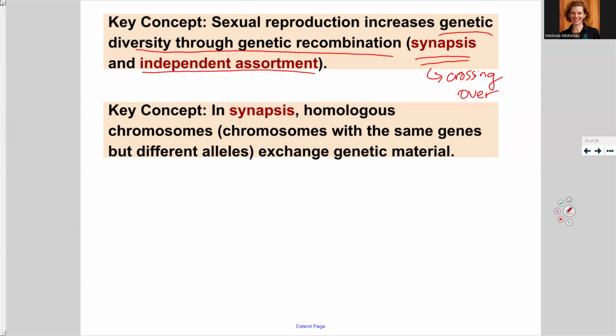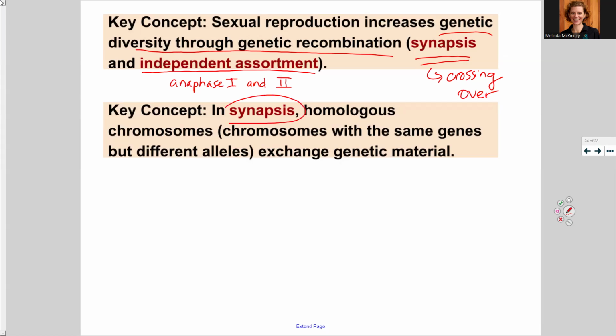This is where it occurs in anaphase, basically anaphase 1 and 2. When the chromosomes separate and go to the daughter cells, they go there randomly. So they could line up in the center on metaphase any which way, and then they're randomly distributed. So that's going to create a lot of genetic possibilities.